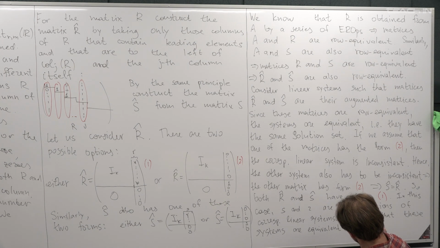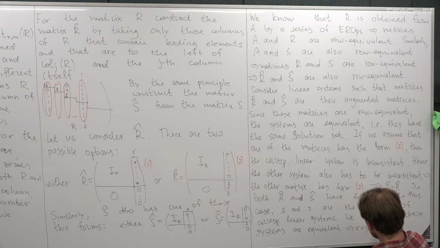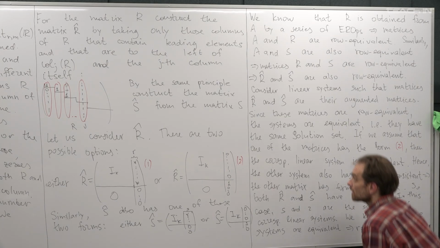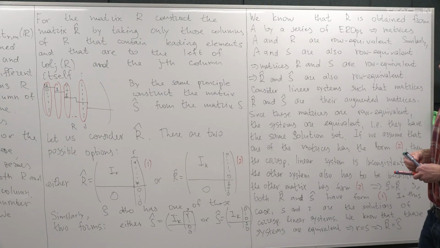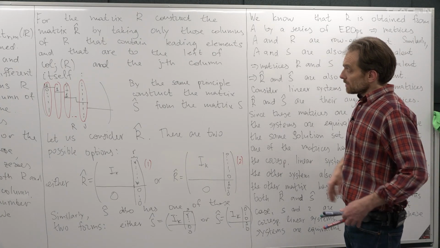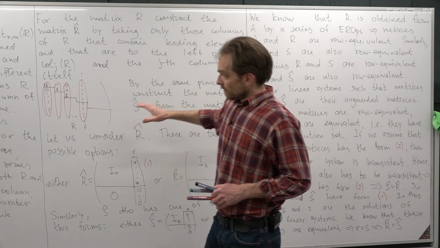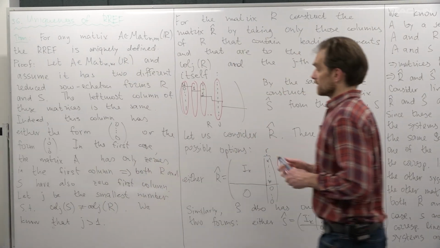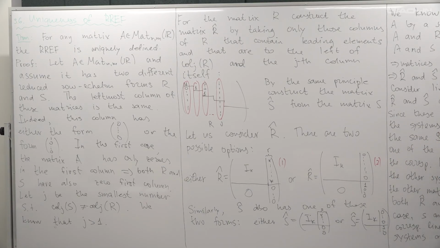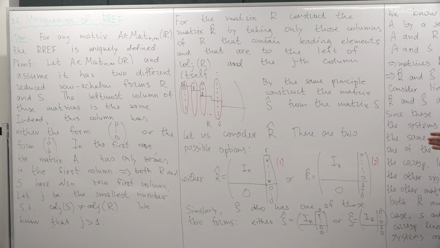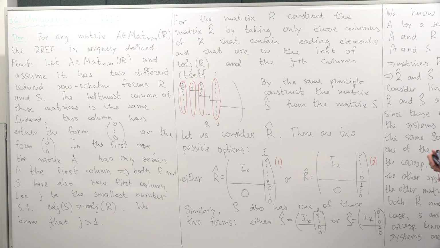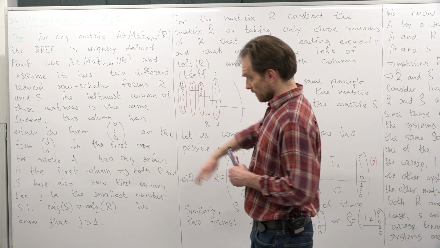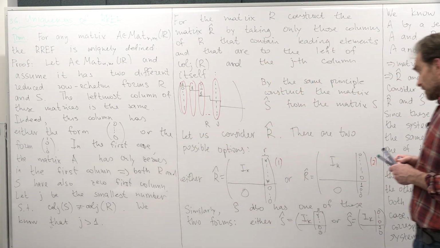So we conclude that R equals S, and therefore R with a hat equals S with a hat. Okay, so we come to a contradiction, because we started from the assumption that there is some column in this matrix that is different. And so we consider the leftmost column that differs in these two matrices.